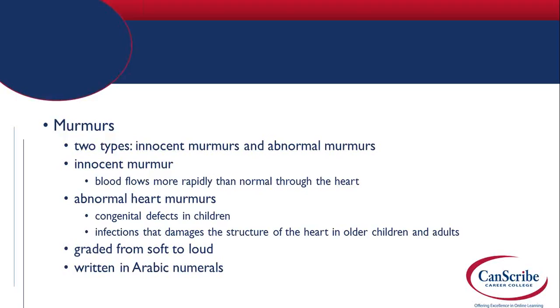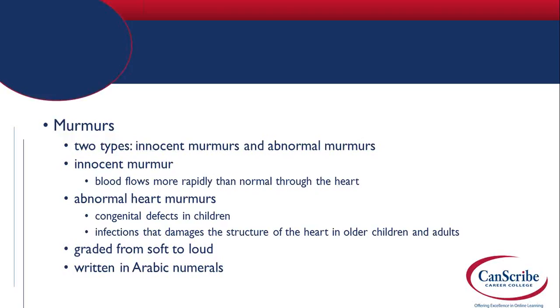Now, innocent murmur, it's just the blood flows a little bit more rapidly throughout the heart than it normally would. But an abnormal heart murmur is usually a congenital defect, or someone had an infection that damages the heart and causes the murmur. Usually this happens in older children and adults.